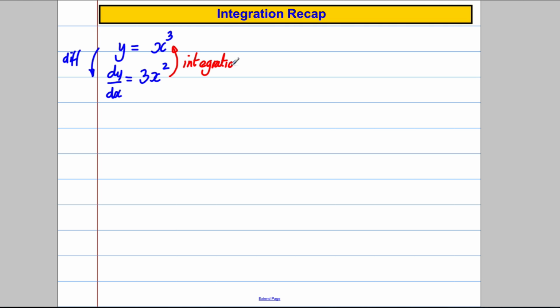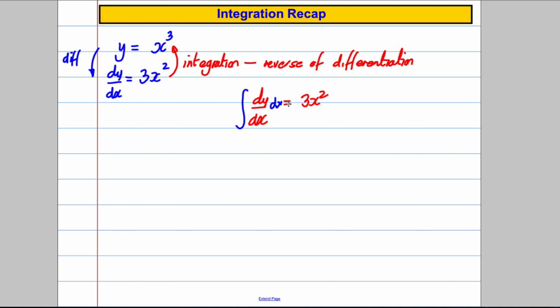That's the first way we met it, and we met it as the reverse of differentiation. So if someone told you that dy by dx was equal to 3x squared, we would integrate both sides with respect to x.